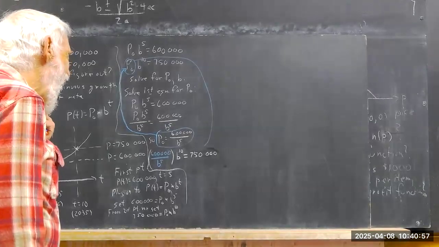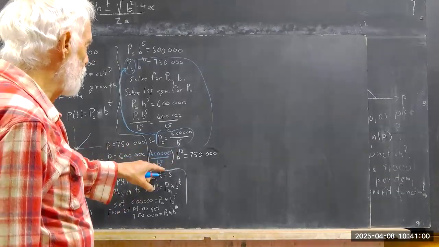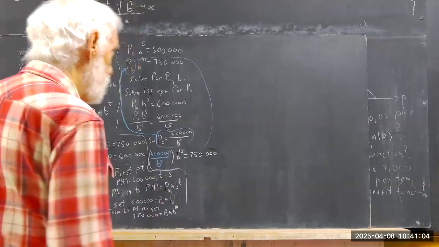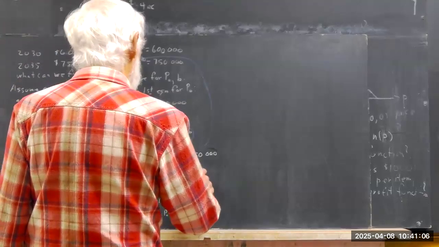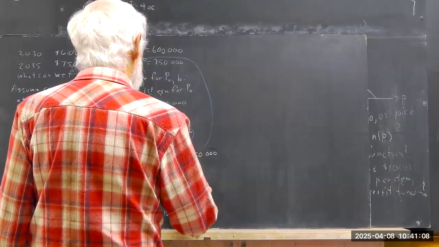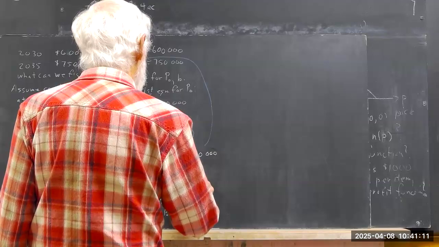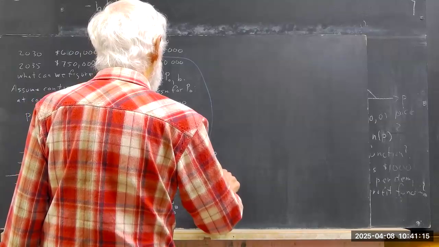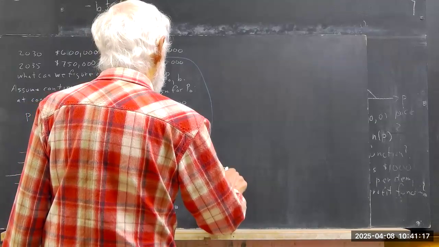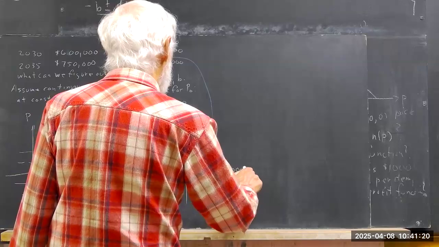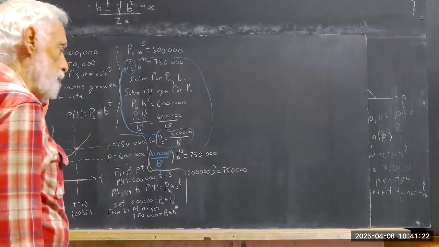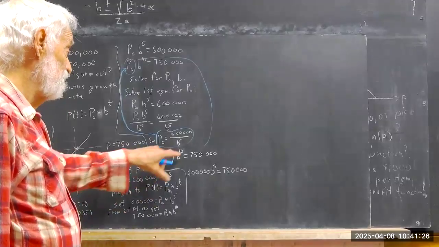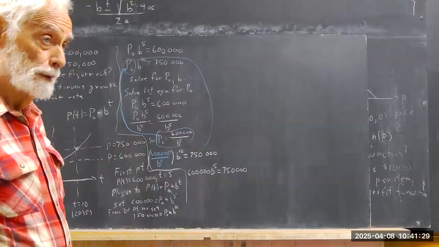Well, what's B to the 10th divided by B to the fifth? It's B to the fifth. You subtract this exponent from that one because we're dividing.